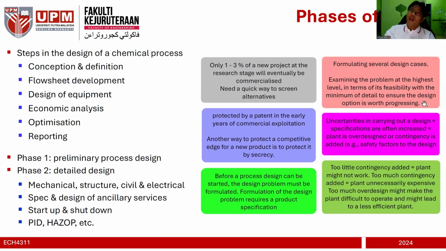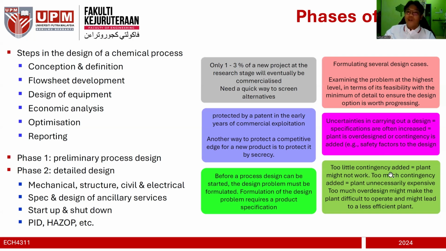And of course, when you are at this stage of a design, you have a lot of uncertainty. When you have these uncertainties while carrying out a design, specification is often increased, and over design or contingency is added in order to cater for these uncertainties.